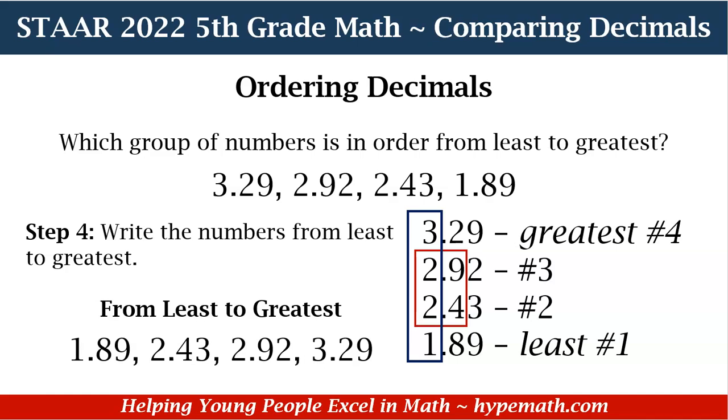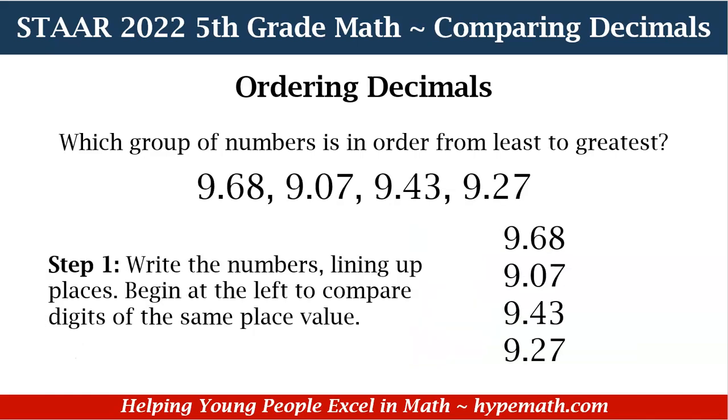So writing our numbers from least to greatest, we have 1.89, 2.43, 2.92, and 3.29. Now, let's go over one more example. We're going to order our numbers again from least, which means smallest, to greatest, which means largest.